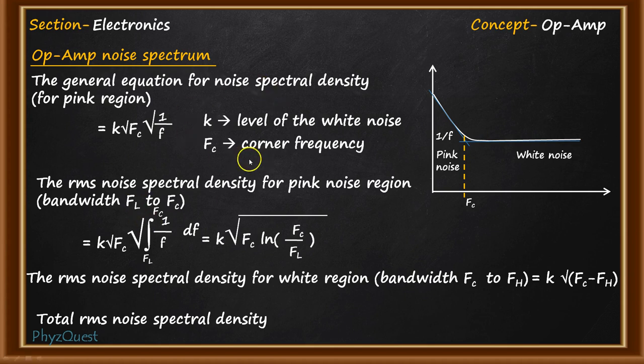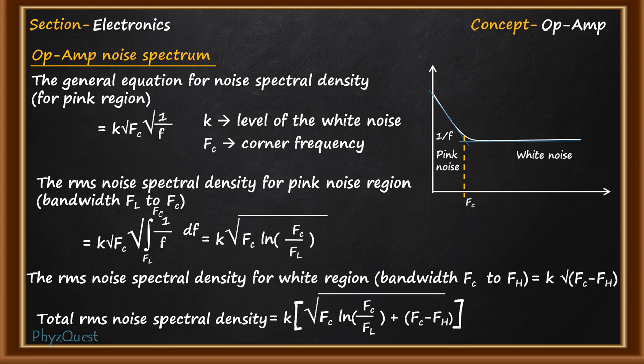That means you have to first square both the terms, take the sum, and then take the square root of the whole term. So this will be equal to K square root of FC ln FC by FL plus FH minus FC. This will be the final term.